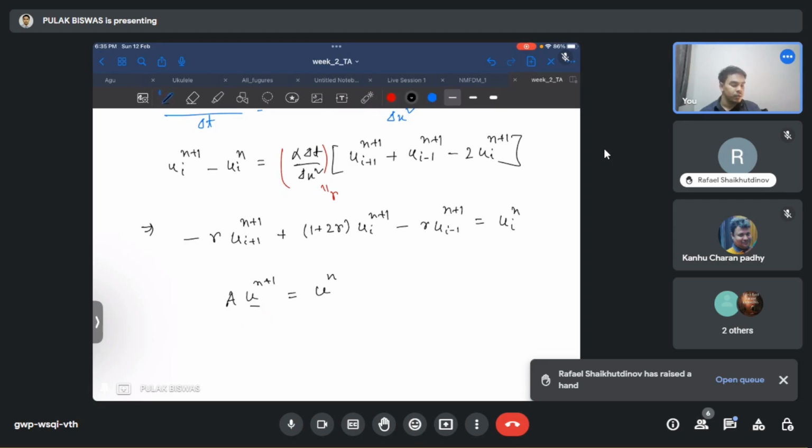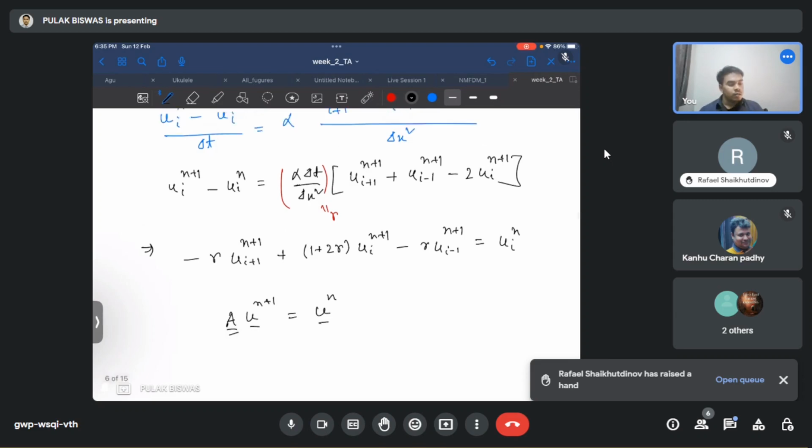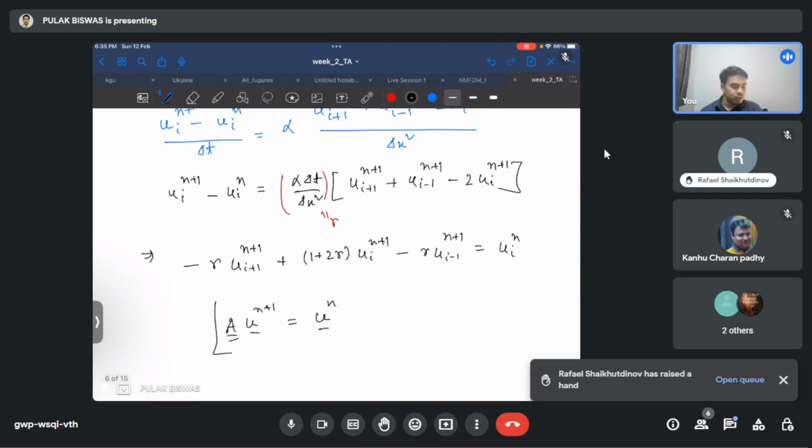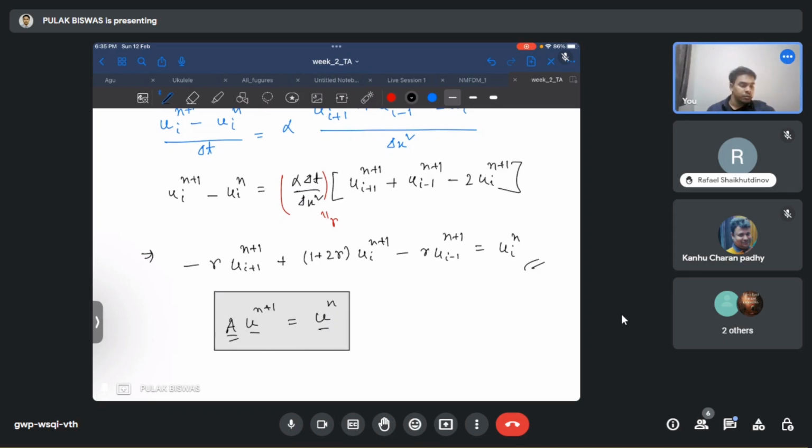Maybe if we represent the vector like this. I just wanted to mention you can solve this like this after forming this scheme for this implicit scheme. Similarly, for Crank-Nicolson, you also find something like this.